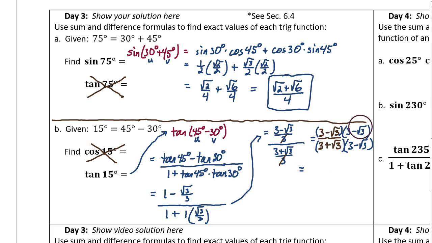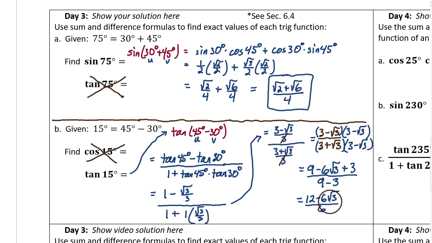Okay, next step. In the top, how about some FOIL? 3 times 3 is 9 minus 6 square root of 3 plus 3. Down in the denominator, 3 times 3 is 9 minus 3. Okay, next step. In the top, 9 plus 3 is 12 minus 6 square root of 3.